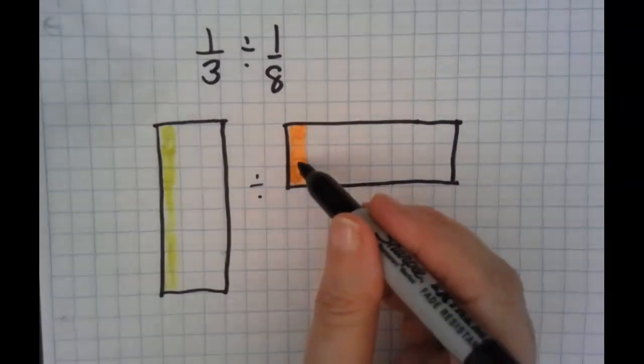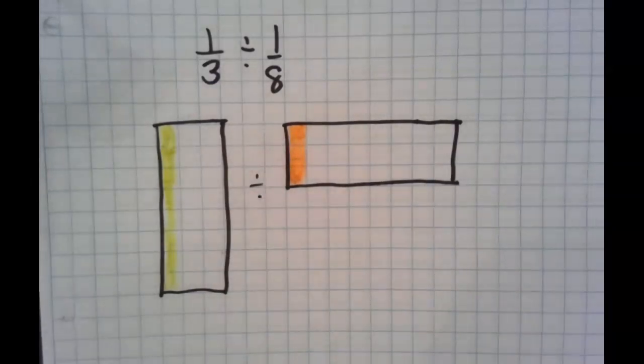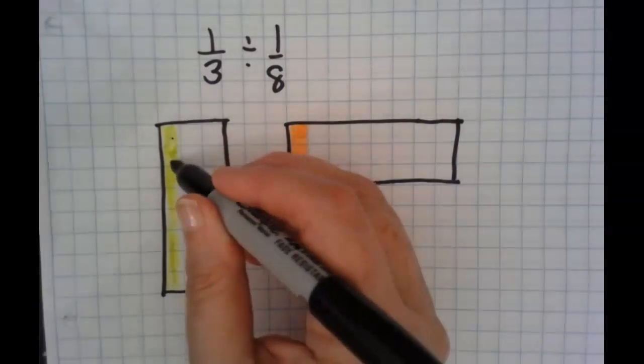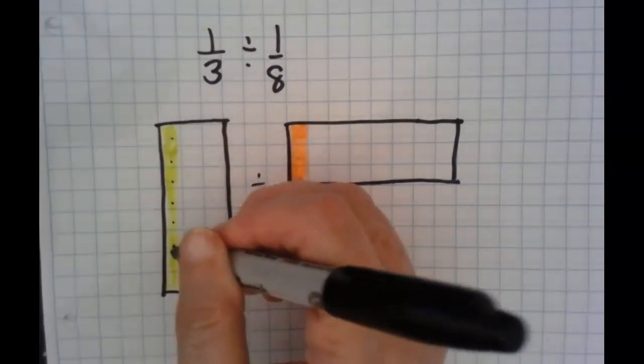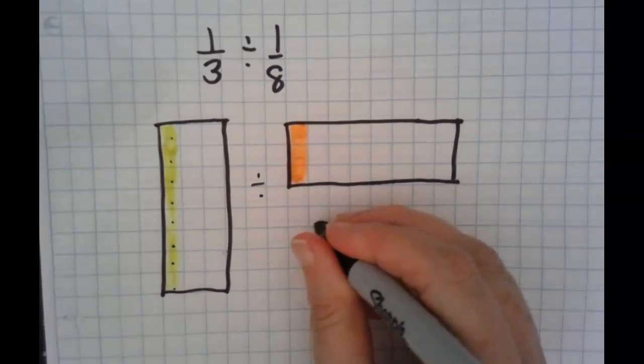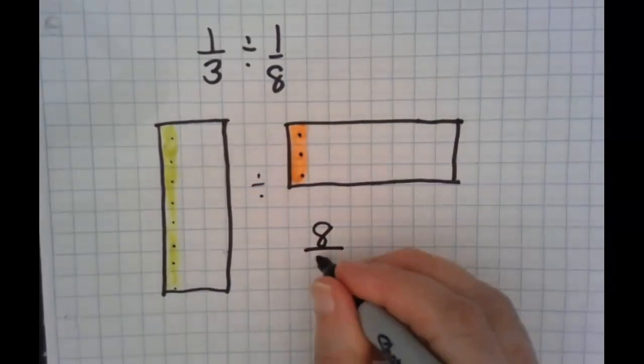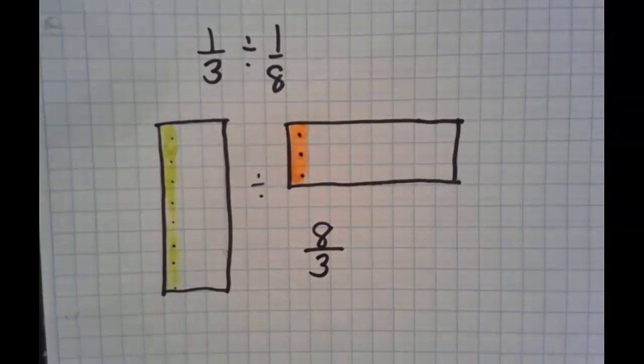So we're really saying how many of these go into here. So how many yellow boxes do I have? 1, 2, 3, 4, 5, 6, 7, 8. I have 8 divided by 1, 2, 3. So I have 8 over 3.